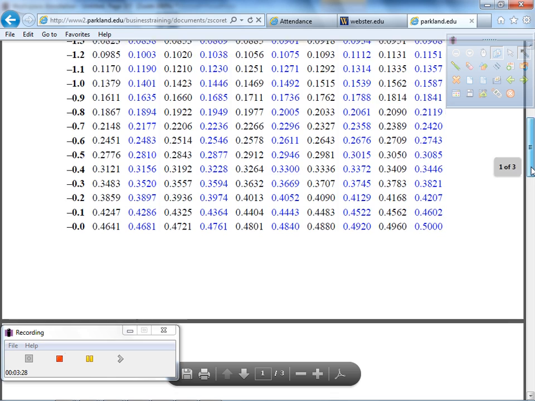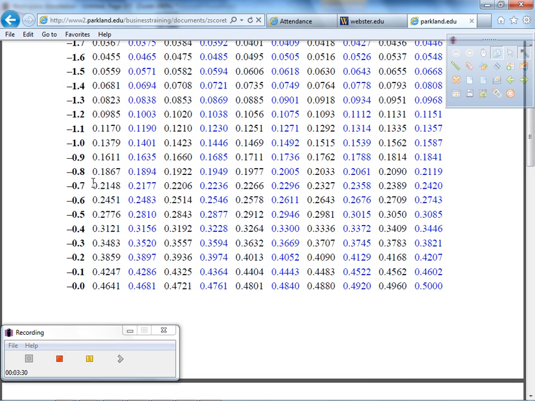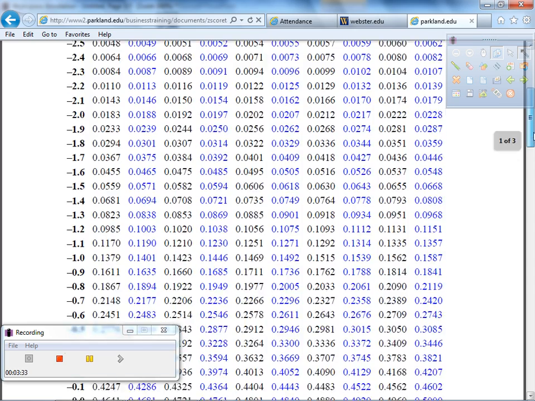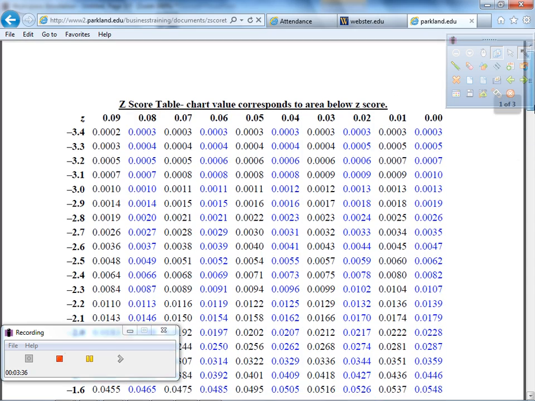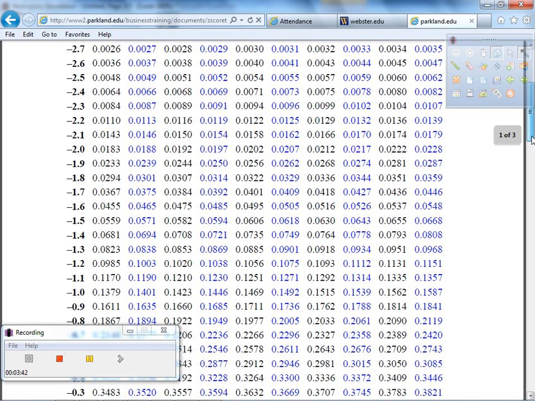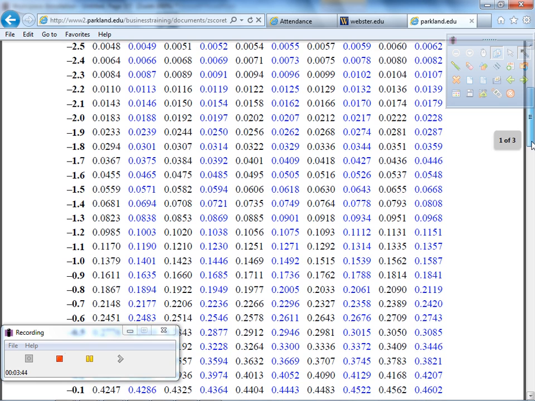When we go look it up in our z-table, we're going to look at negative 0.85. Now you have to be careful on how your z-table is arranged. This particular one goes from 0.09 down. So our 0.5 is here, and we're looking for negative 0.85.